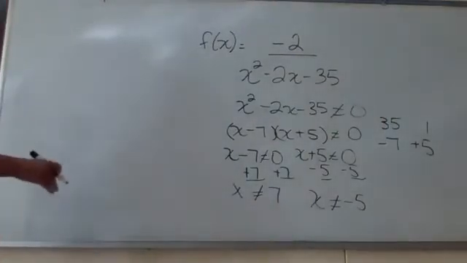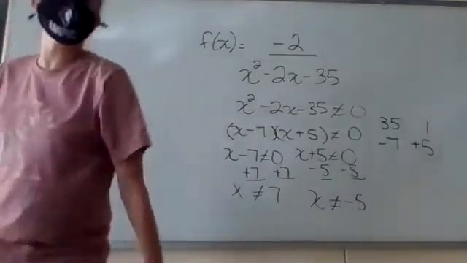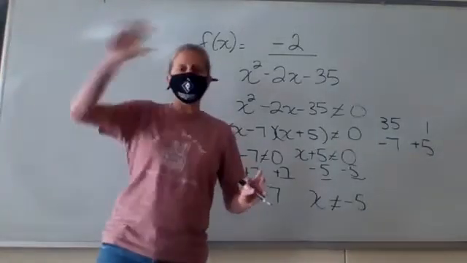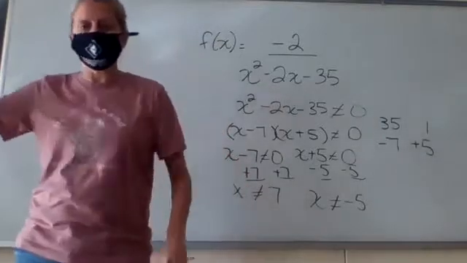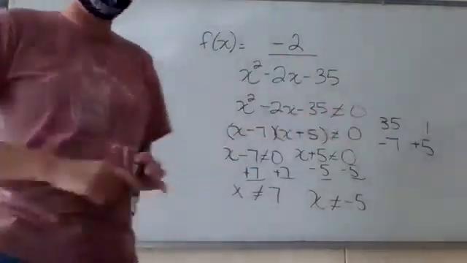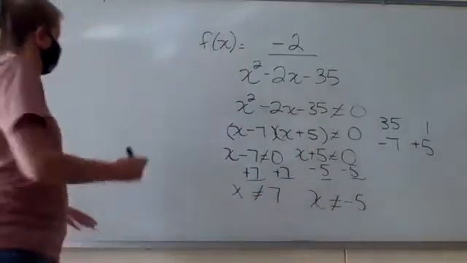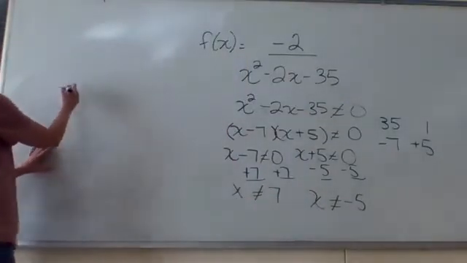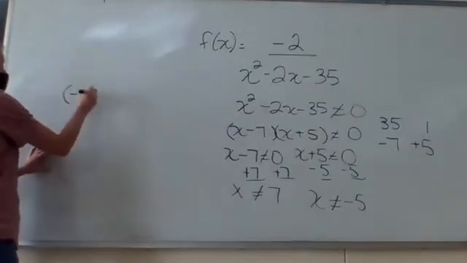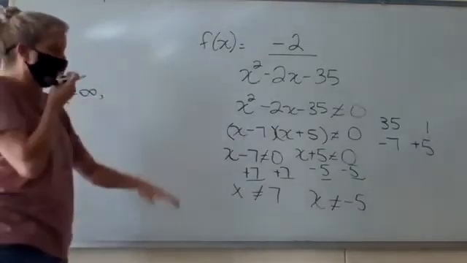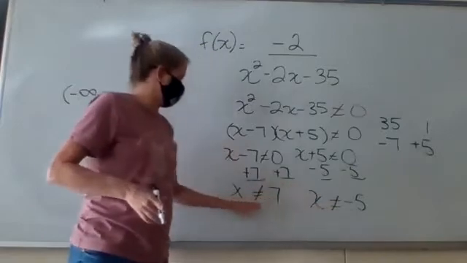So let's see. What I want to show in interval notation is I want to include all the numbers on the number line from all the way from -infinity to +infinity, except for these two. Which means I would start at -infinity, traveling up the number line. Which one of these numbers would you come to first?